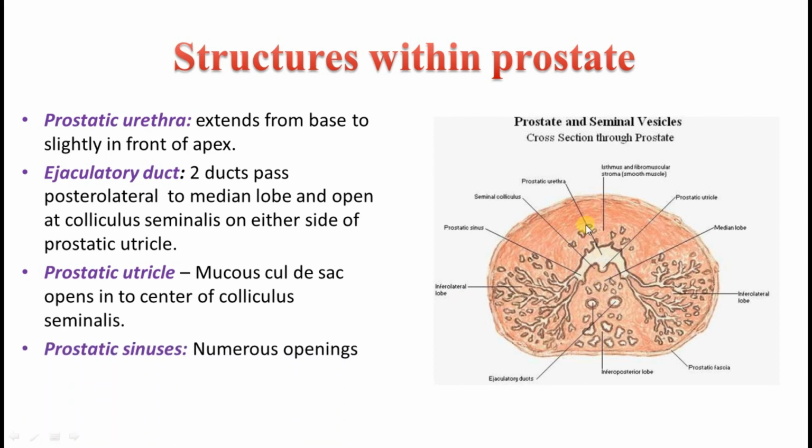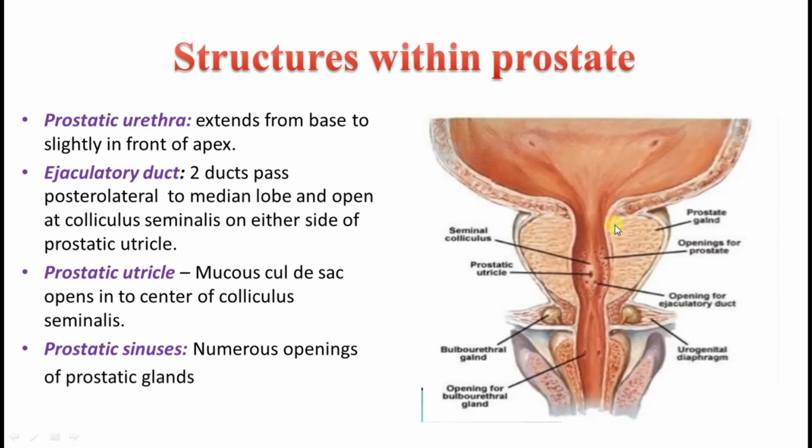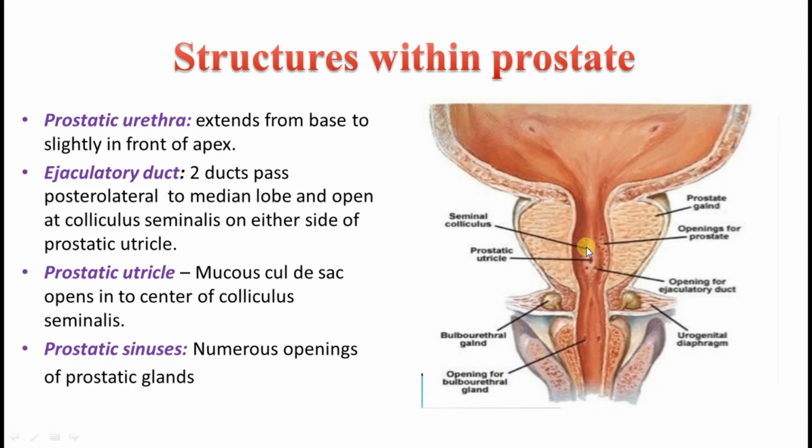Then numerous openings you are able to see around, in front and behind the urethra. They are called the prostatic sinuses, through which the glands of the prostate open into the prostatic part of urethra. Okay. So prostatic sinuses are minute openings which you can see at the level of the colliculus seminalis and also above and below the colliculus seminalis. Here, the posterior wall of the prostatic part of urethra you are seeing shows an elevation called the colliculus seminalis.